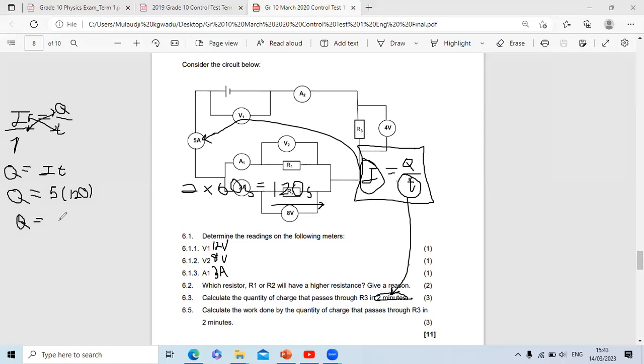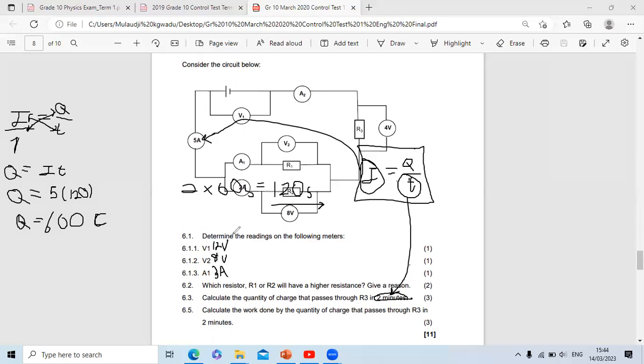So our answer for the charge is 600. And the SI unit for charge is coulombs. So our charge is 600 coulombs. That's the amount of charge passing through our tray.